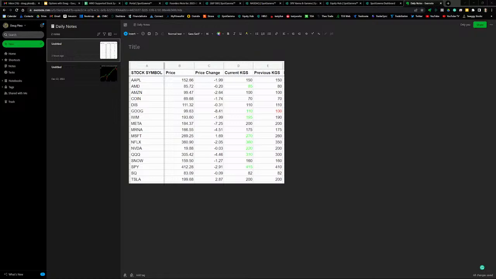I was really looking for SPX and SPY in particular to trade in a range between 410 and 420 with a slightly bullish bias, really based on this key gamma strike list and all the key gamma strikes rising for all these stocks.